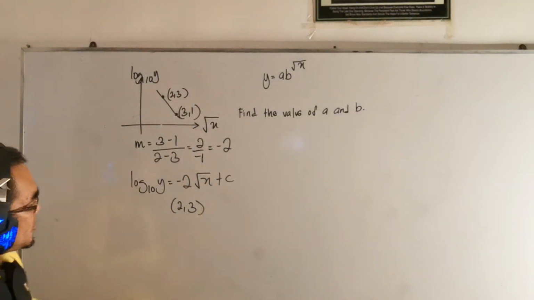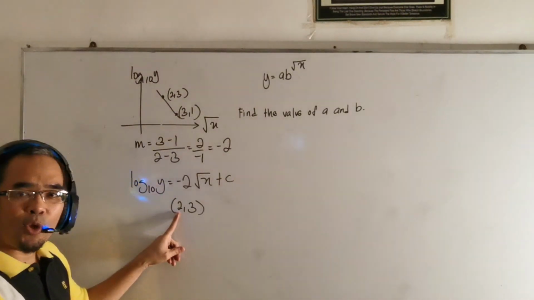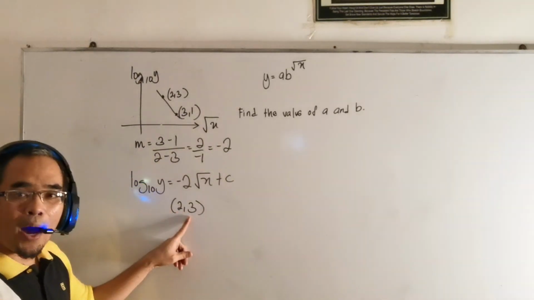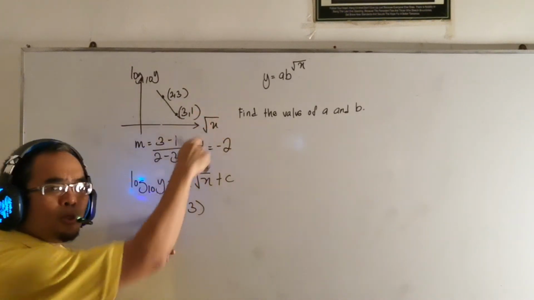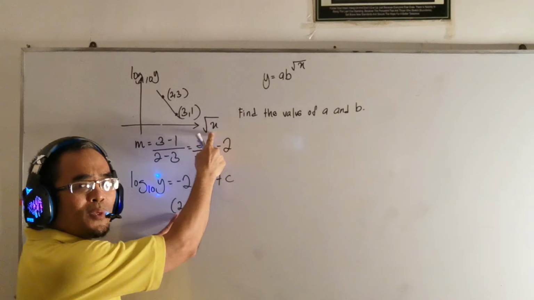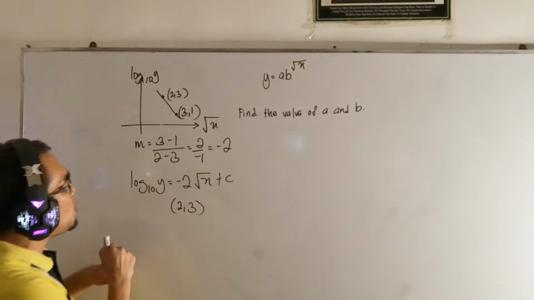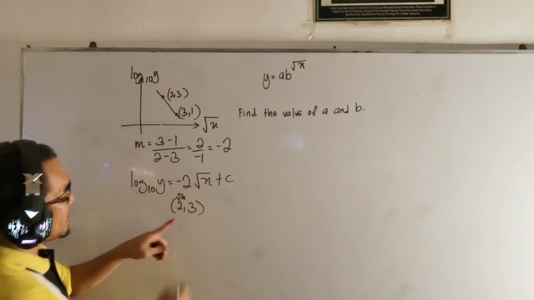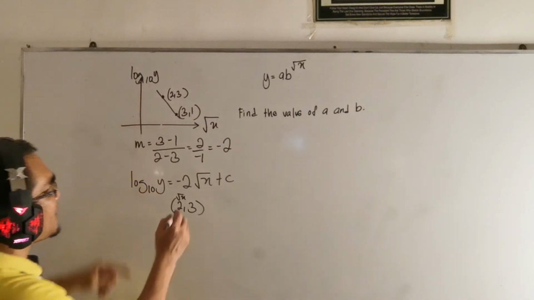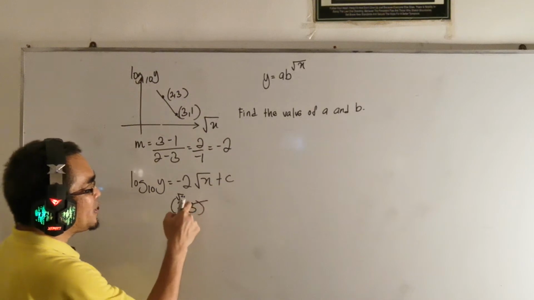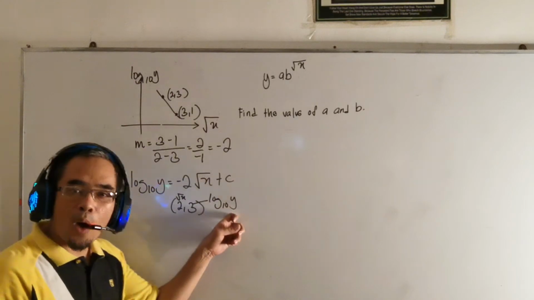Before we continue, I have to remind you again that 2 is not x, and 3 is not y. You have to look here. Usually the axis labeled x is now labeled with the square root of x, so 2 is the value of the square root of x. And because this axis is labeled log 10y, 3 is the value of log 10y, and not y.